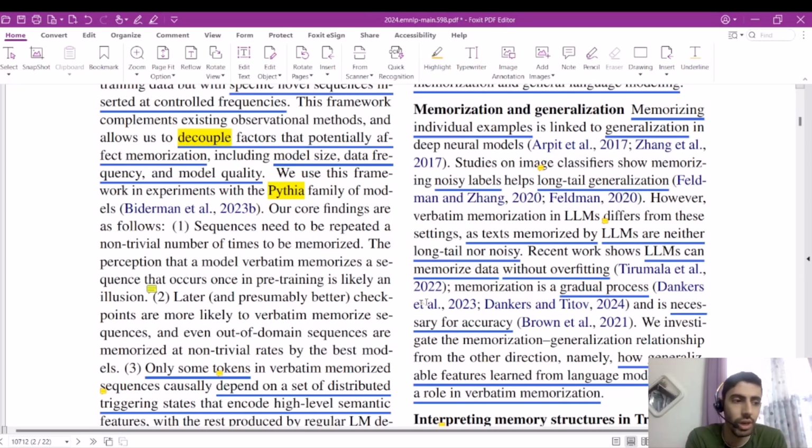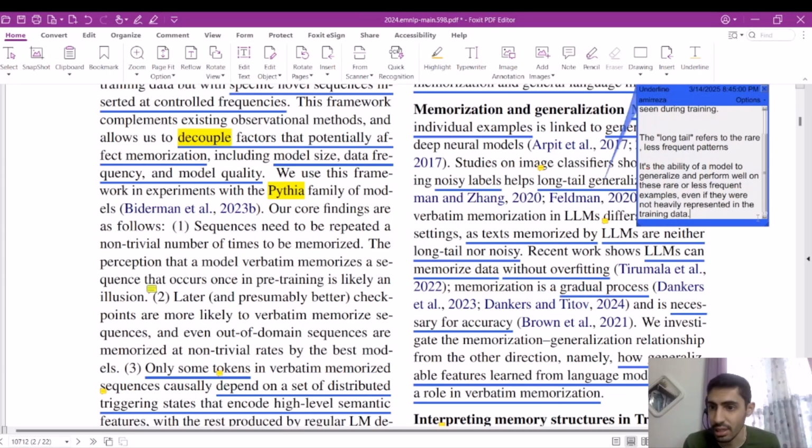For example, we have a dog and it is labeled as a cat. We call them noisy labels, which lead to better performance on the long tail data, on long tail examples. Let's talk about what the long tail is. Long tail examples are examples that are not seen in the training data a lot.